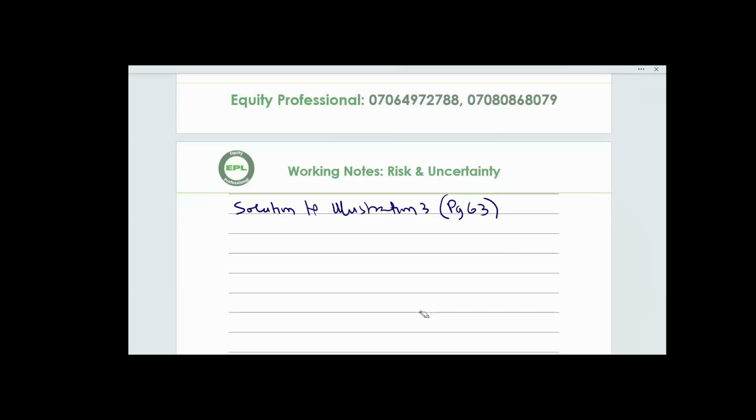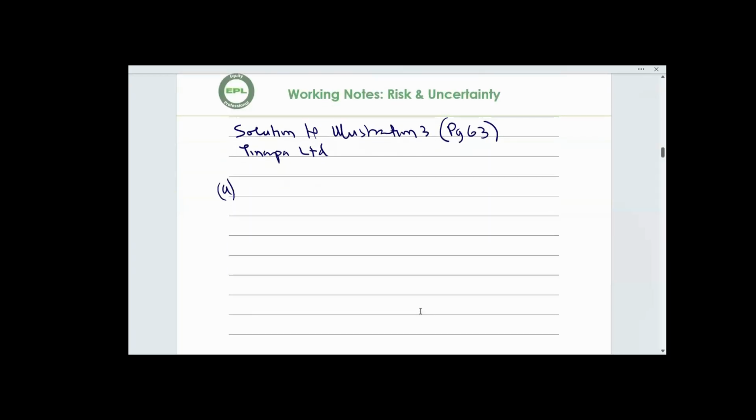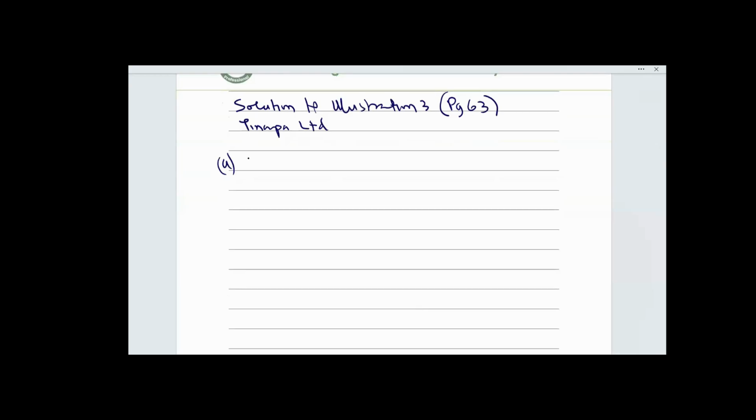Okay. So the name of the company is Tinapa Limited. So requirement A, we are to calculate NPV. Calculating net present value.